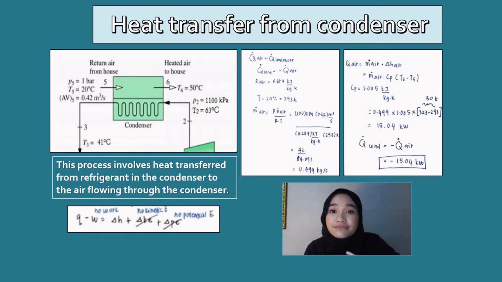The heat transfer from the condenser that we obtained is negative 15.04 kilowatt. This process involves heat transfer from the refrigerant in the condenser to the air flowing through the condenser.